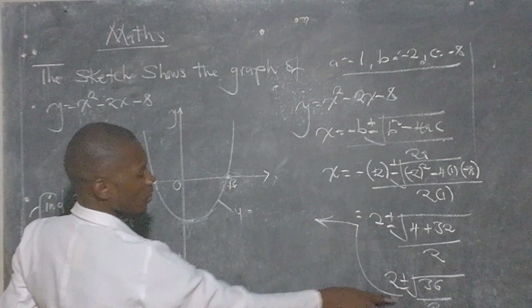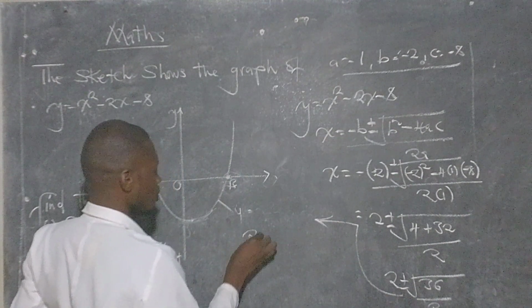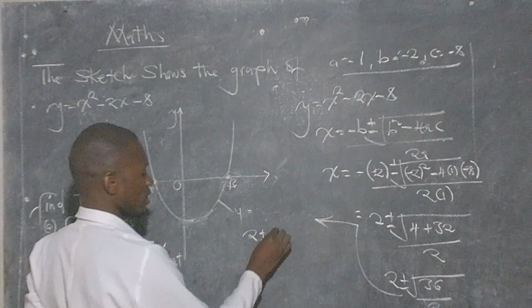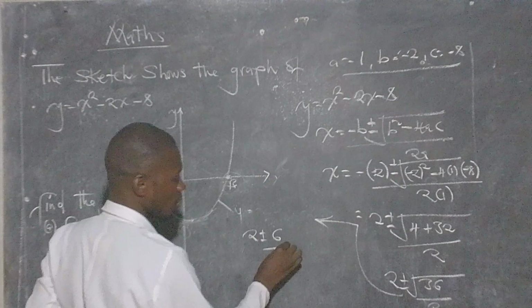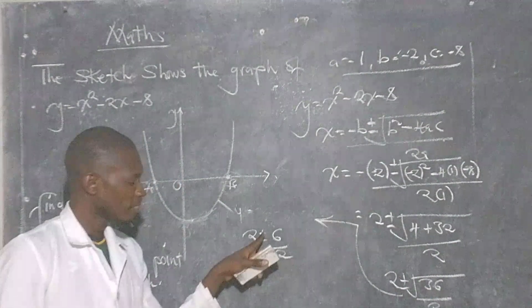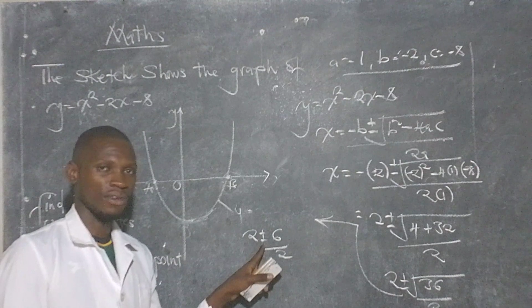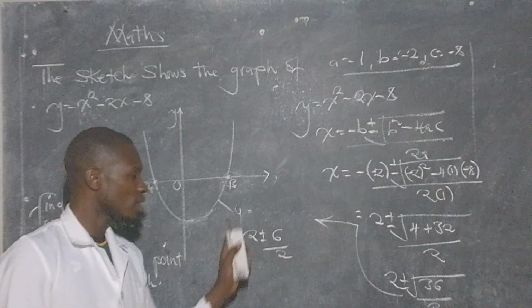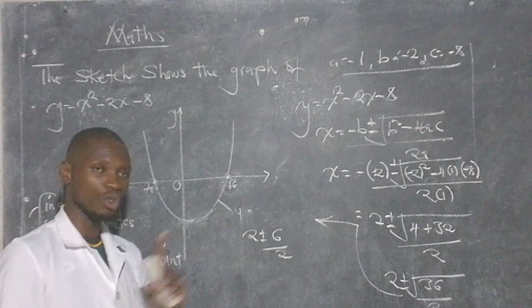So from here, we have 2 positive or negative the square root of 36, which gives us 6, over 2. Since we have the positive and the negative, what we need to do next is split this into two.